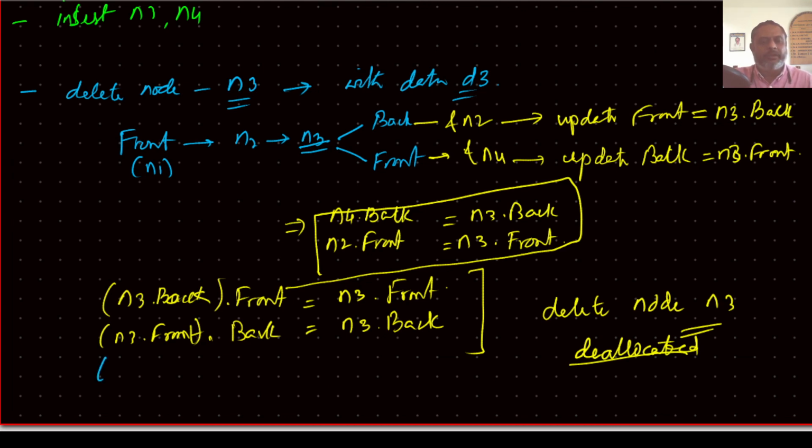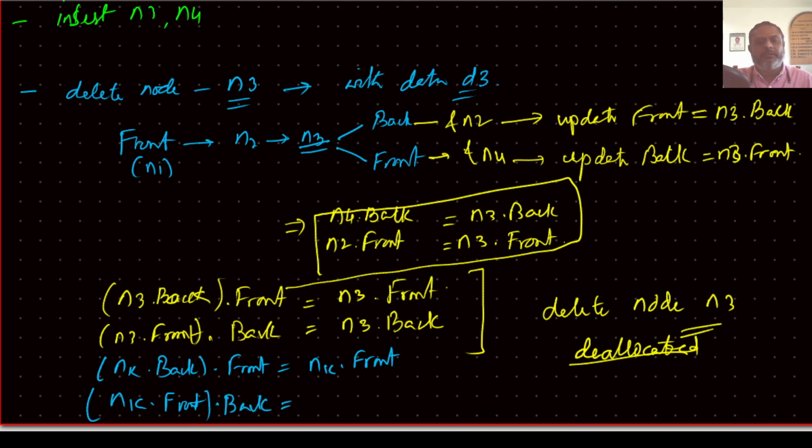So the simple thing is Nk's back dot front is to be copied from Nk's front. Nk's front shows one node whose back should be updated by Nk's back. So this is common for every situation. So any node you want to delete, that's the thing.